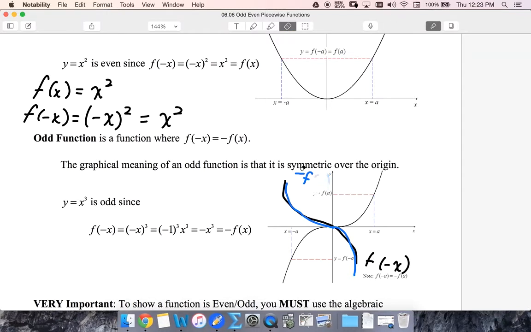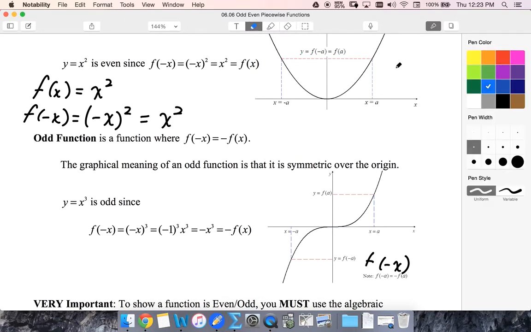Let me try to improve that a bit, because really we should be seeing everything lining up. So let's try it a bit better here, like that, and then up like that, and it's the same thing for both. You get the idea, right?